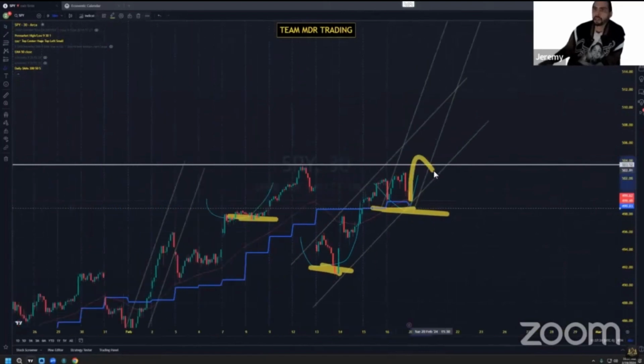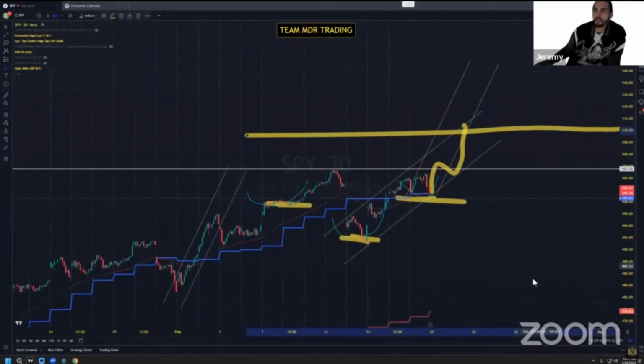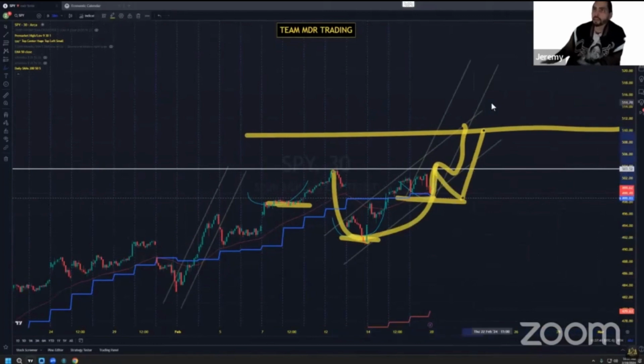Maybe up here, rejection, back up. 5-10 area. That would be the bullish scenario. We completed the cup here. Break down, break up. So that's the bullish and bearish scenario.